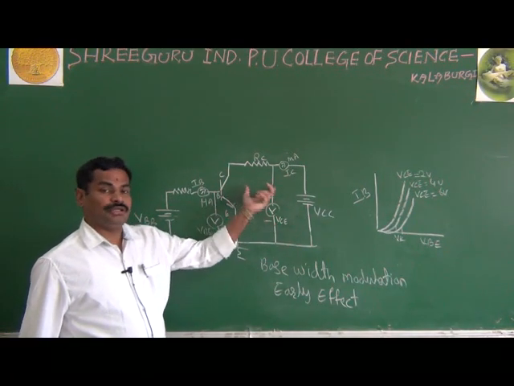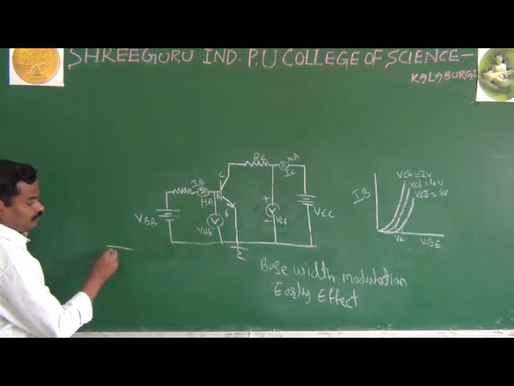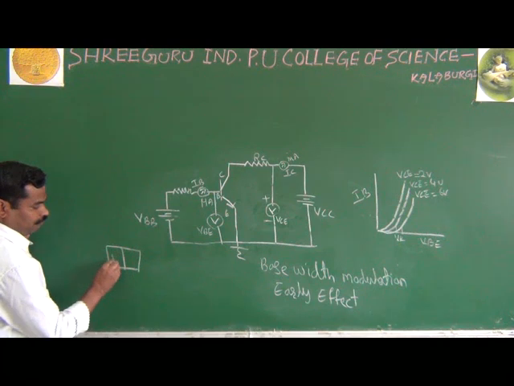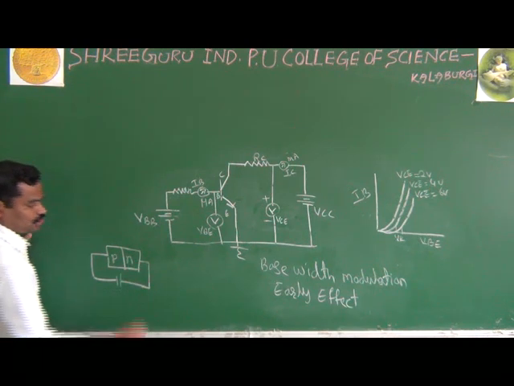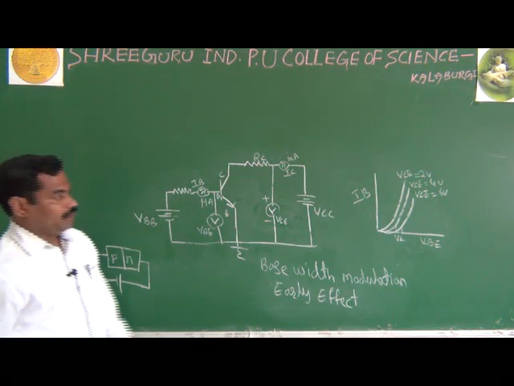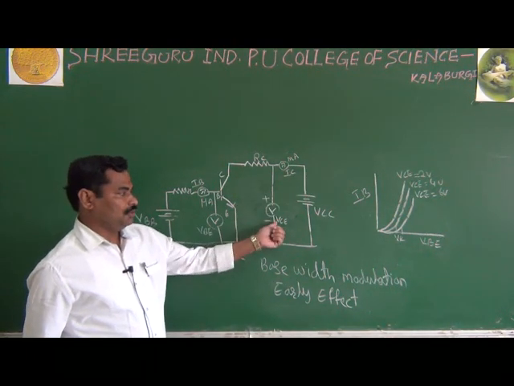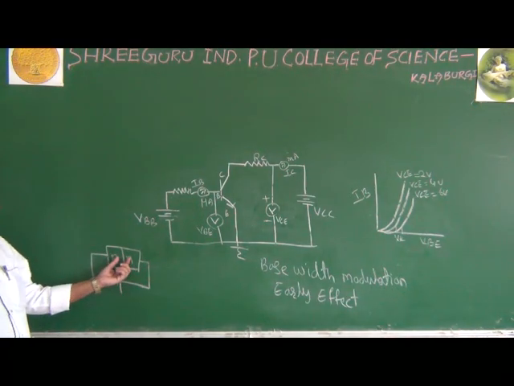This is your diode in the reverse bias, P and N. As I said, we are increasing the output voltage, that is, you are increasing the reverse voltage. If you increase the reverse voltage, what happens? The depletion layer increases.